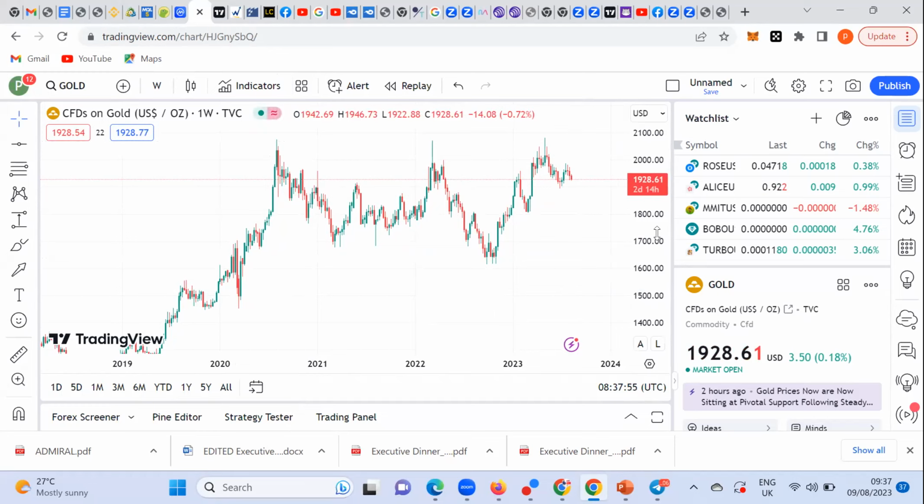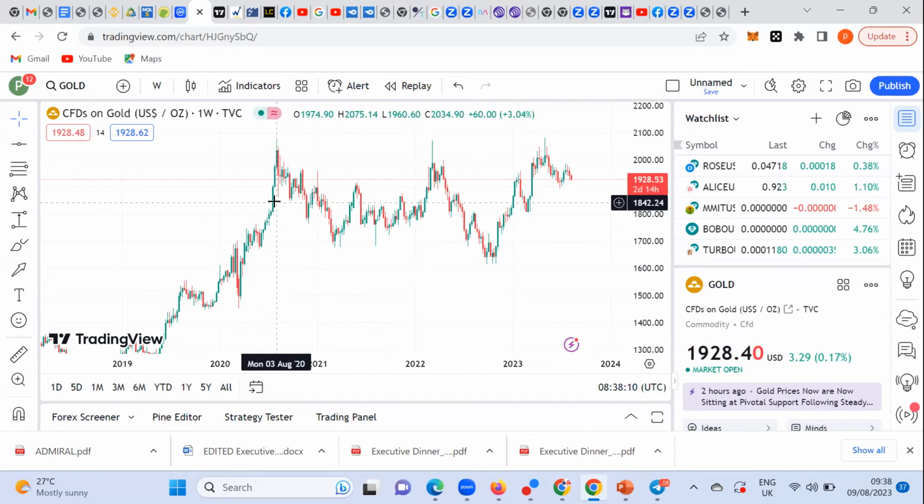If you can see gold now on a weekly time frame, you want to identify key areas, which we call areas of value. You will see areas that are predominantly important.